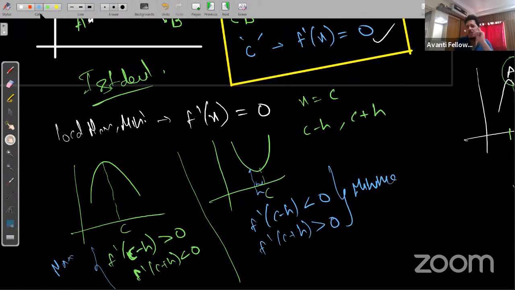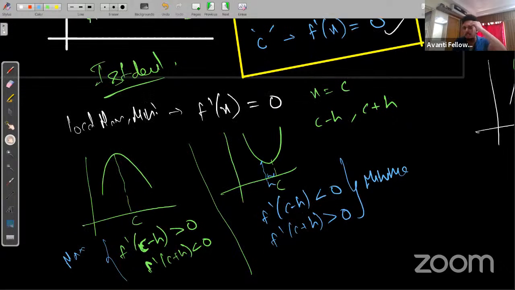Second derivative test is very, very important. The first derivative test we never use here, but you have to know it, it might be helpful anywhere. So I'm repeating it again, please listen carefully. To check at which point you will get a local maximum or minimum, the first thing is that the first derivative is always equal to 0.